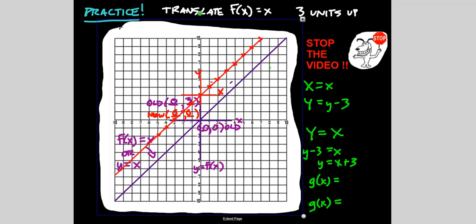Okay, so there is the new translated line, y equals x plus 3.